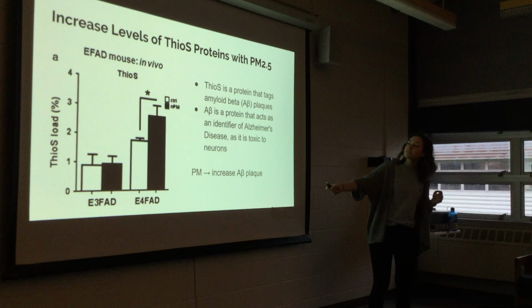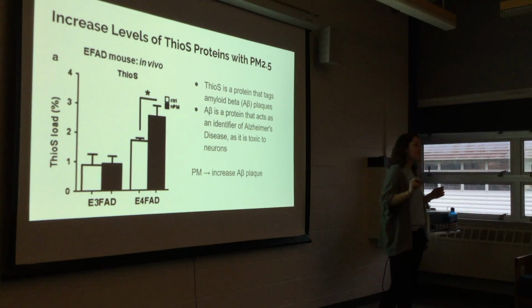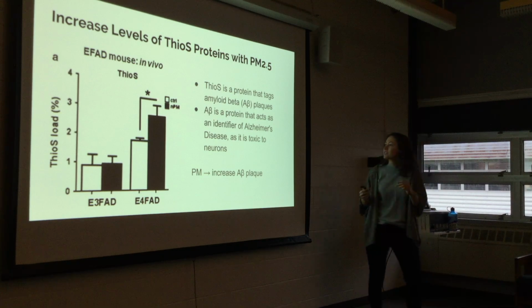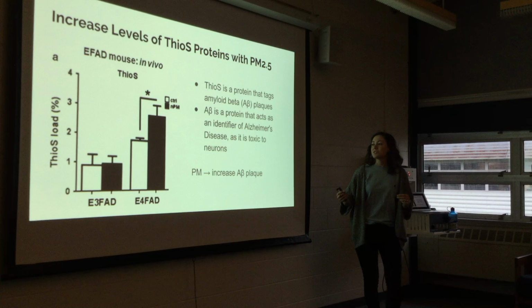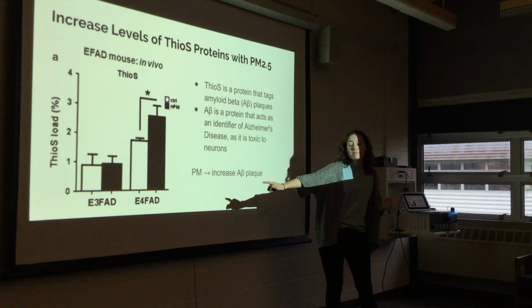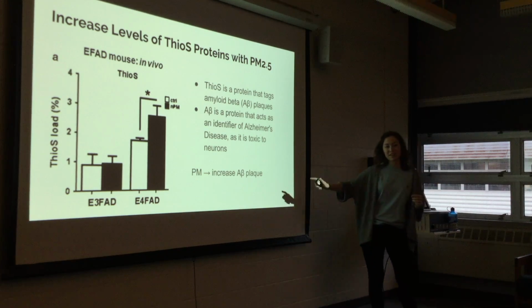This graph is showing thioflavin-S, which is an identifier of the A beta plaque. It's a protein that tags A beta plaques to show their presence, and A beta plaque is an identifier of Alzheimer's disease. So essentially, this is showing that with exposure to particulate matter, there is an increase of A beta plaque.